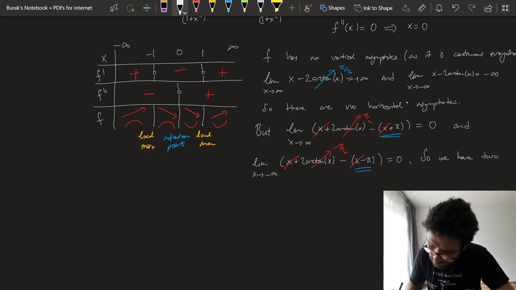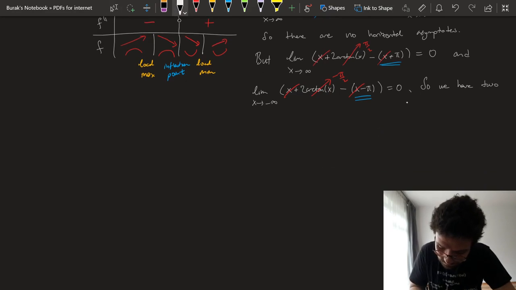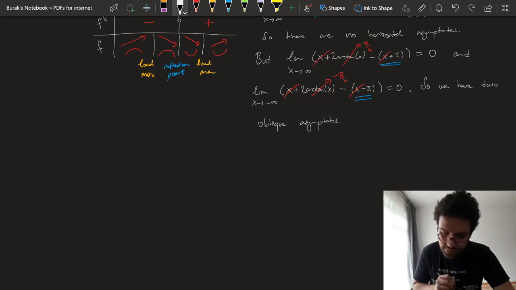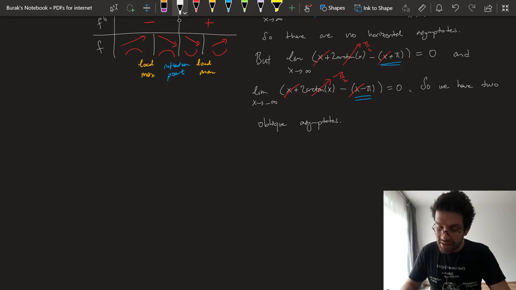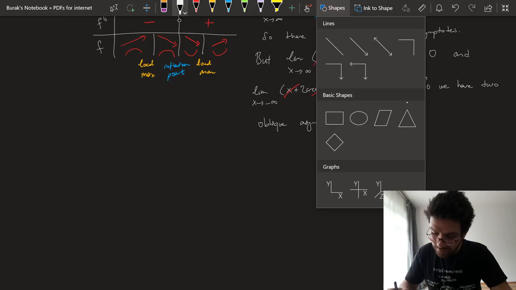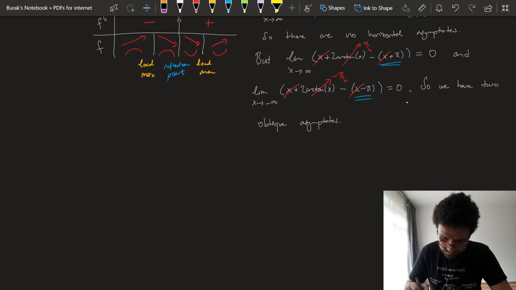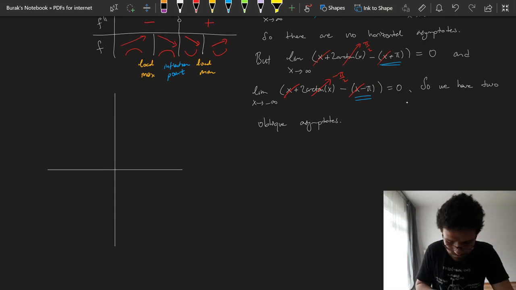So we have two oblique asymptotes. Now I can sketch the graph of this function. I'm going to sketch it over here.